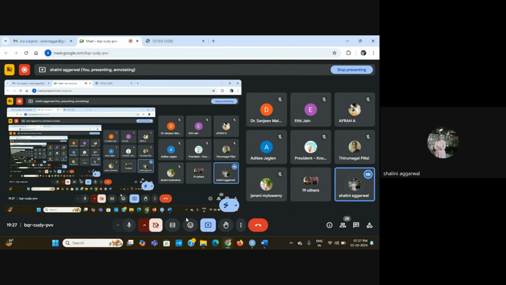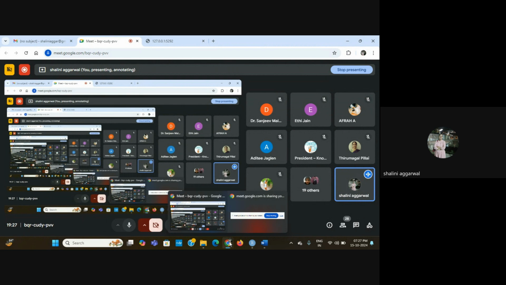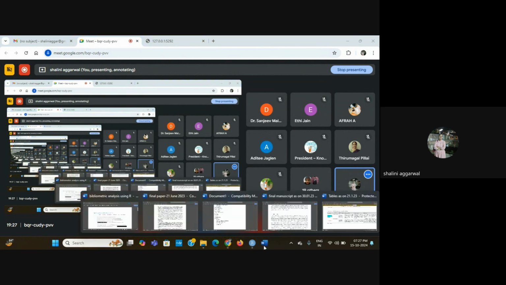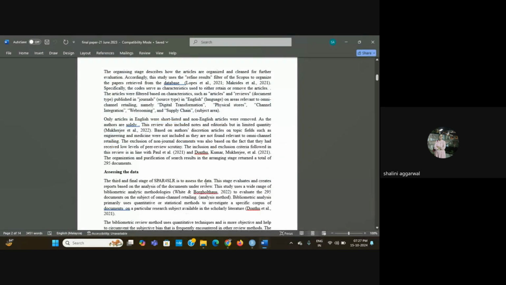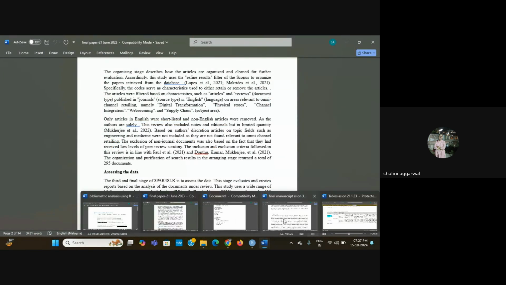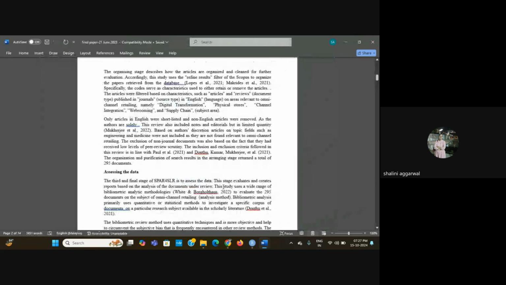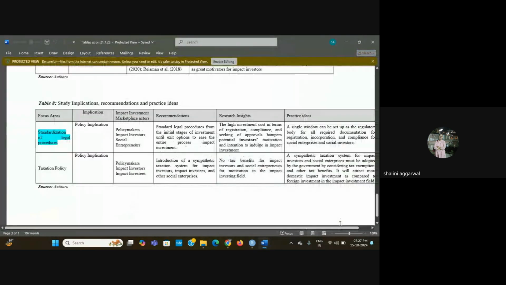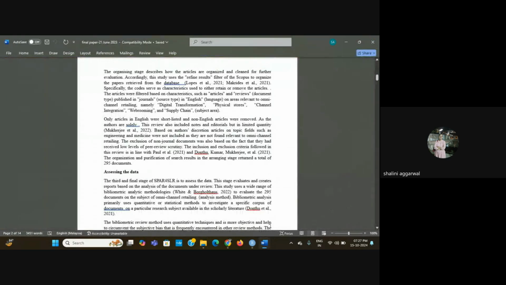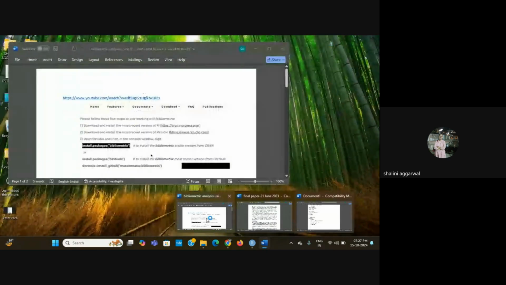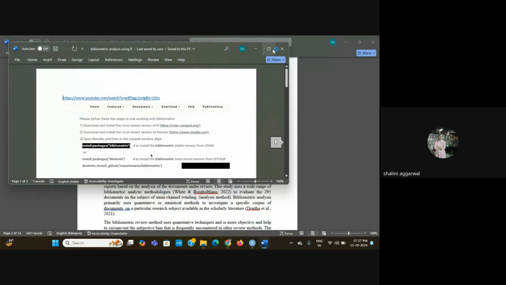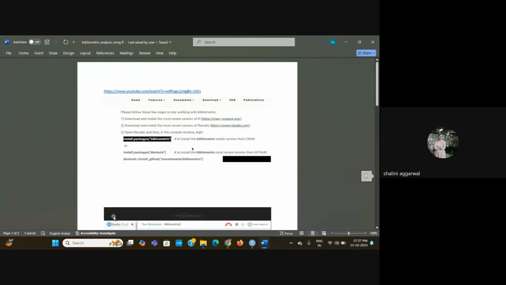Okay. So let's start with Biblioshiny. Let me close down my papers and all the extra papers. Okay, so let's move to this R software.